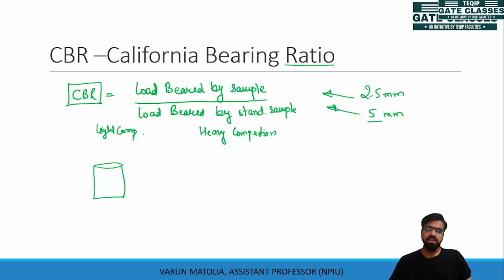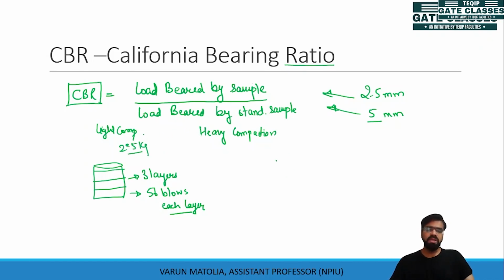In light compaction, the material is filled in 3 layers, and around 56 blows are provided for each layer. The hammer used for light compaction is of 2.5 kg.